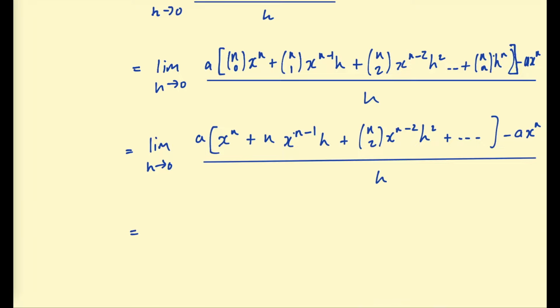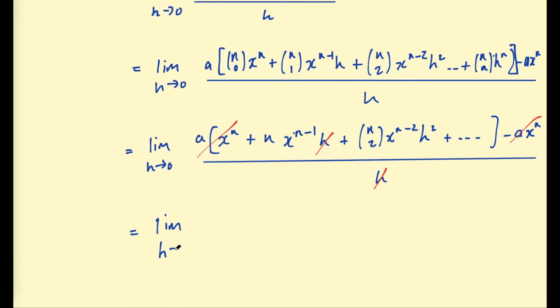Okay, so the point here is that the ax to the n always cancels with the function you subtract in the numerator. So f of x take f of x is always 0. And then when you cancel with the h in the denominator, we're always left with n x to the n take 1 in the numerator. And the rest of the terms have an h in them.